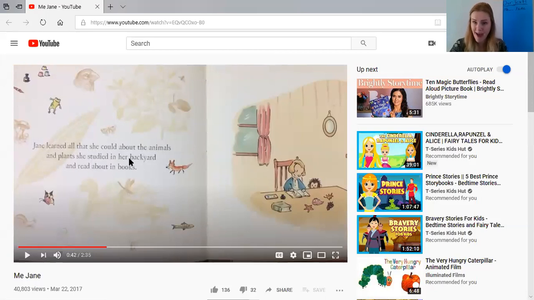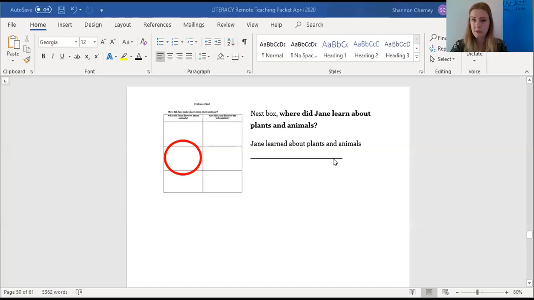In her backyard. So you're going to go back to your packet and fill in her backyard. Jane learned about plants and animals in her backyard. That's also what you're going to fill in this empty box.